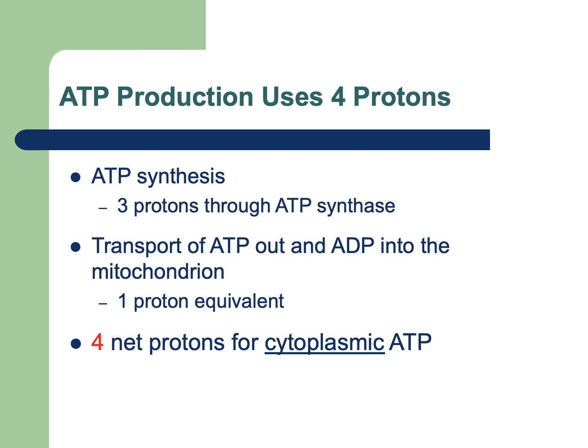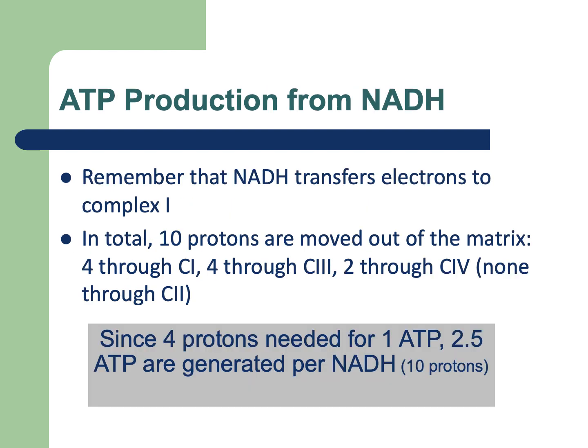So there is a net of 4 protons required to get 1 ATP into the cytoplasm. So with that in mind, we require 3 protons to yield 1 mitochondrial ATP, or we need 4 protons to generate 1 cytoplasmic ATP.